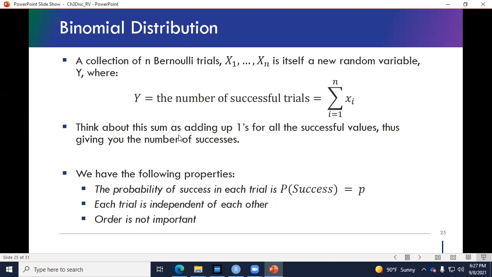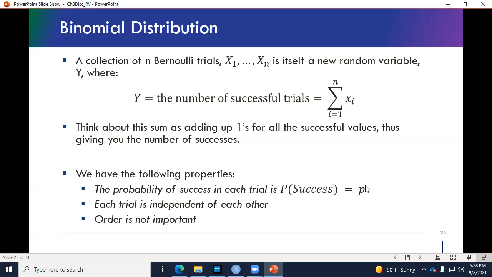Think about this sum as adding up those ones for the successful values from this x. So this gives you the number of successes. And we have the following properties for the binomial distribution. The probability of success in each trial is denoted by P, which is again a parameter.